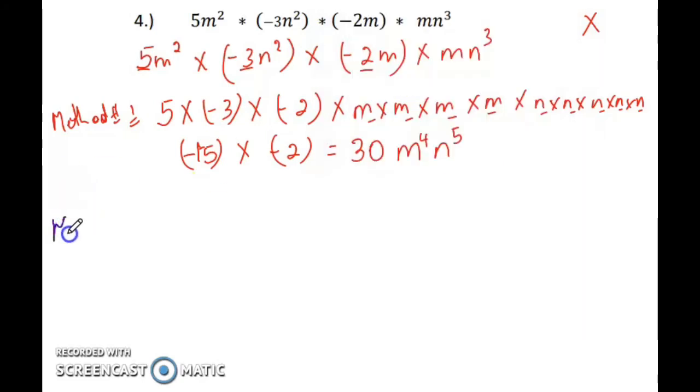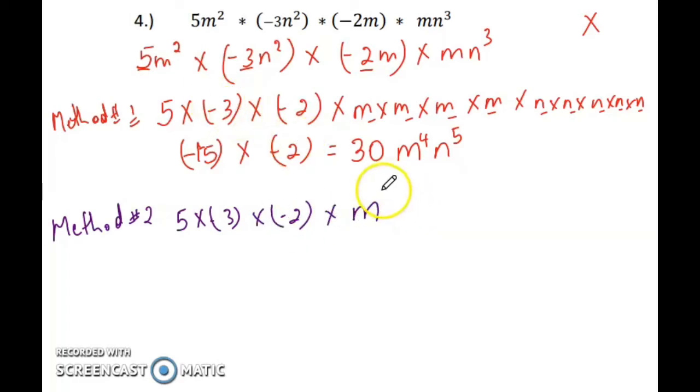Another method that you can use is to look at the indices, and we know that when we have multiplication, we add our indices. So we would do the same thing by multiplying 5 times negative 3 times negative 2. So we would have times m to the 2nd power, plus 1, because the next m would be to the 1st, because I can add my indices when we're doing multiplication.